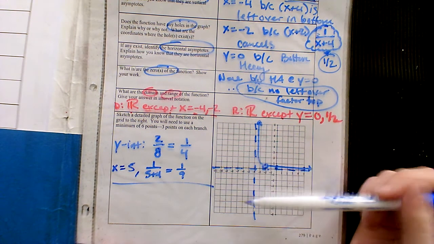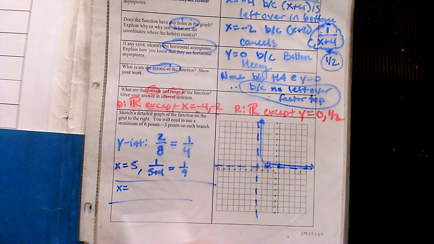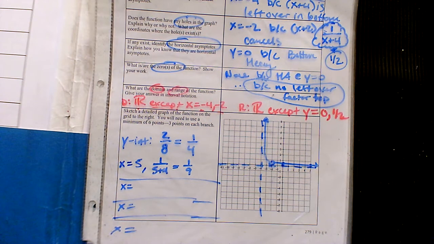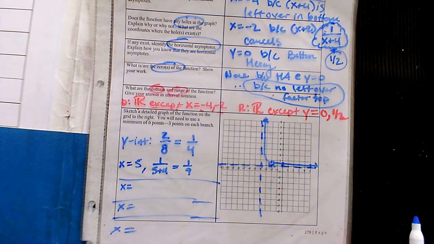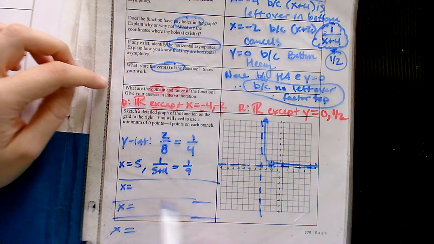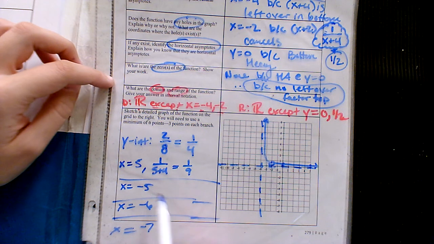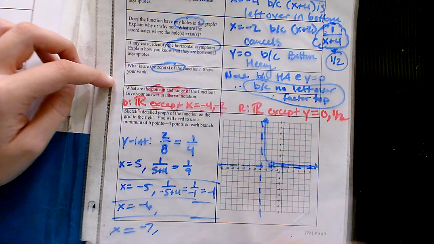On the left-hand side, though, we don't have any guiding points, so we basically have to pick 3 for this one. What 3 numbers do we want to try for the left-hand side? You just want to do -5, -6, -7? Go in order? Okay. So 1 over -5 plus 4, 1 over -1, which is -1.